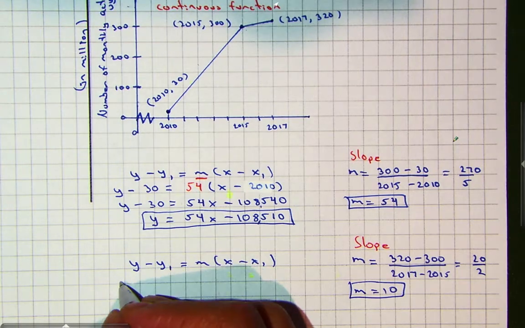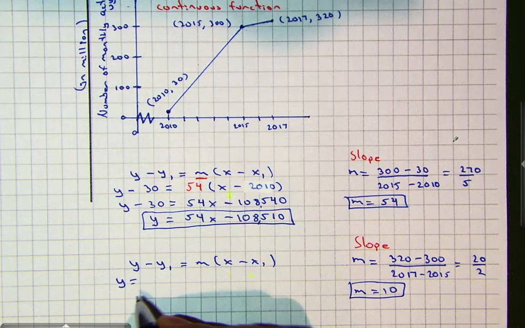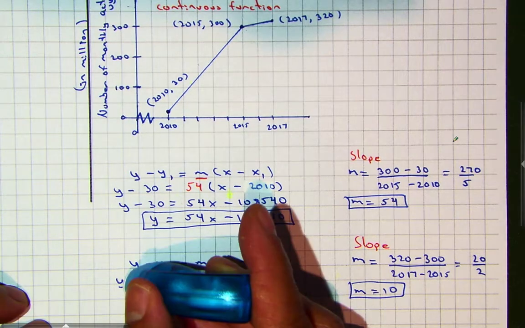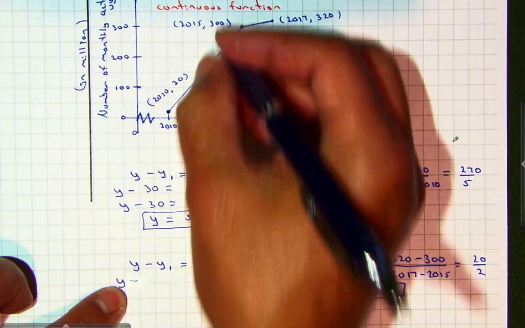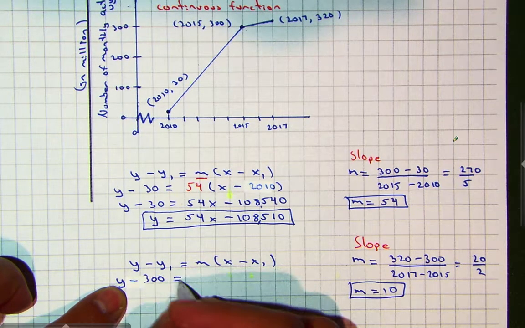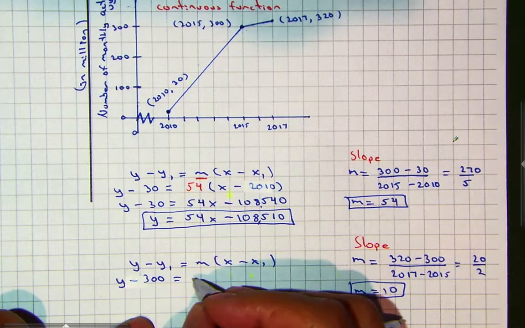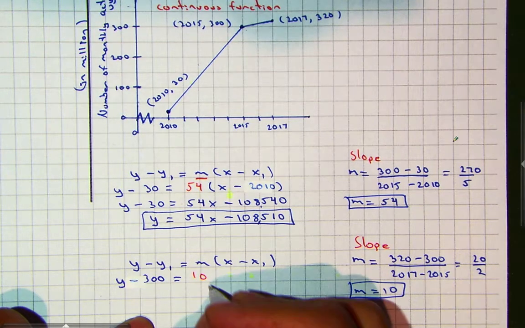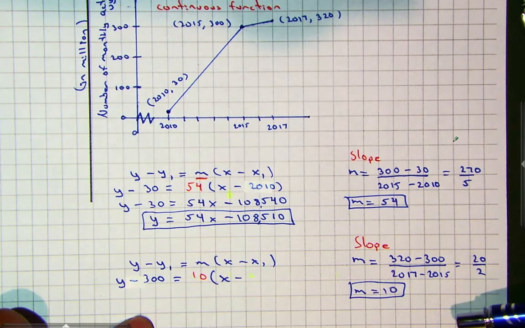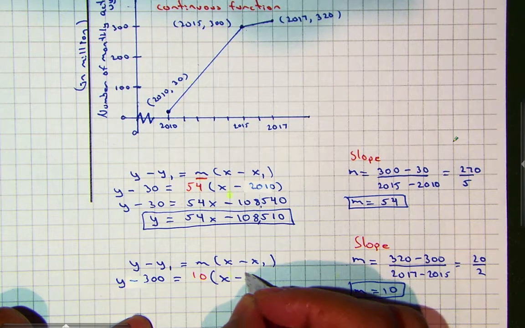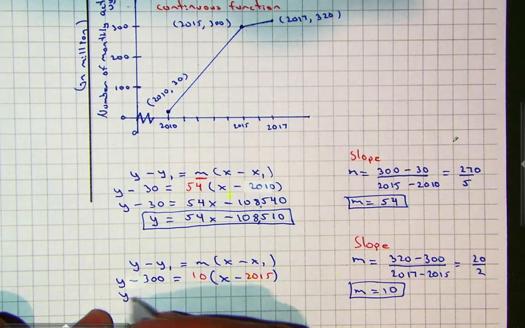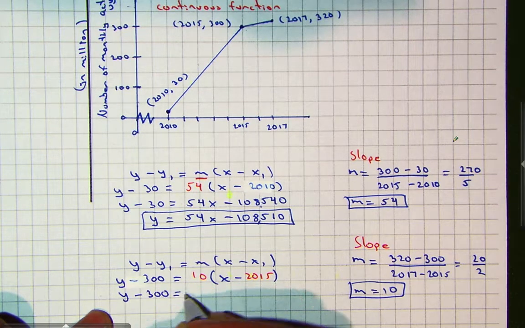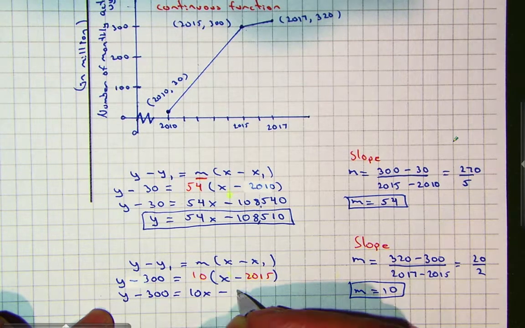So we have y minus y1, which is 300, equals my slope, which we found to be 10, times x minus x1, which is 2015. So therefore I have y minus 300 is equal to 10 times x minus 2015.